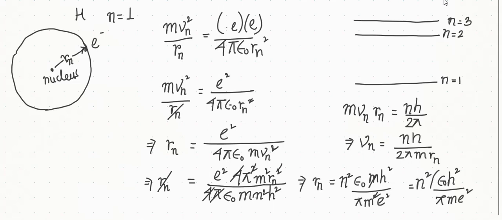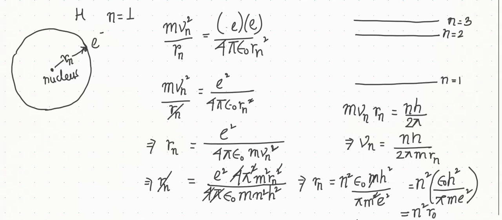Now if I take epsilon naught h square divided by pi m e square as a constant, and put in the values of epsilon naught, that is 8.85 × 10^-12, h is 6.626 × 10^-34, pi is 3.14, m is 9.1 × 10^-31, and e is 1.6 × 10^-19, then it will give you the value of R naught.